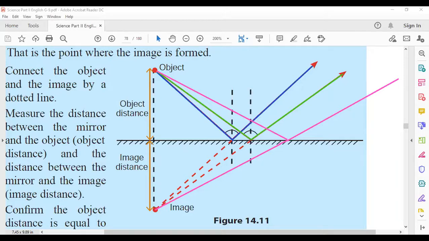That is the catch point. So in exam papers, those things they will ask.